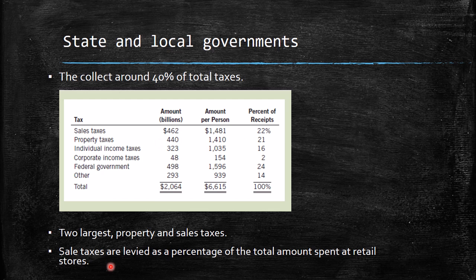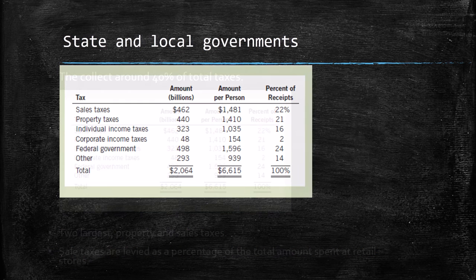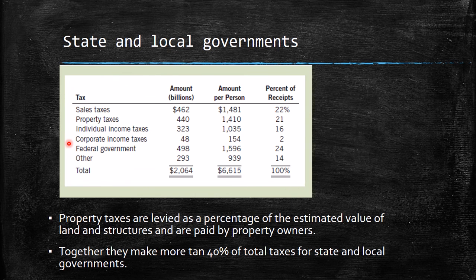Sales taxes are levied as a percentage of the total amount spent at retail stores. Then we have the property tax, which is the second one, levied as a percentage of the estimated value of land and structures, and paid by property owners. Together, as we said before, they make up more than 40% of total taxes for state and local governments.